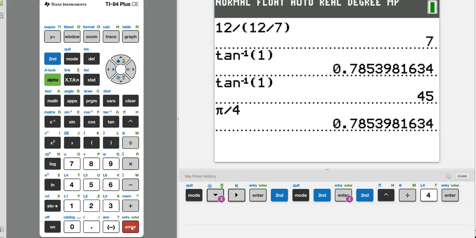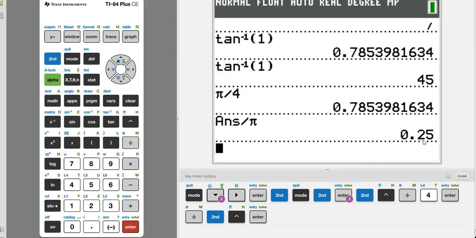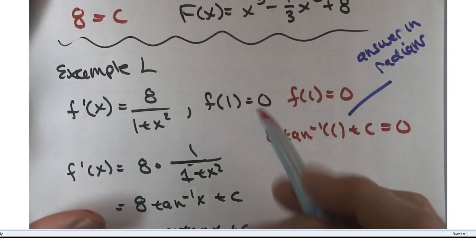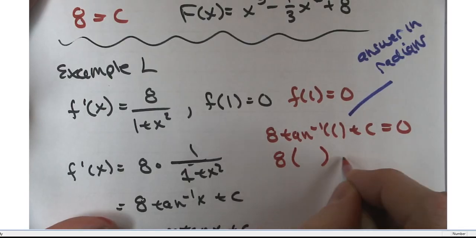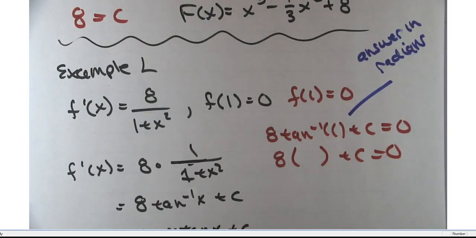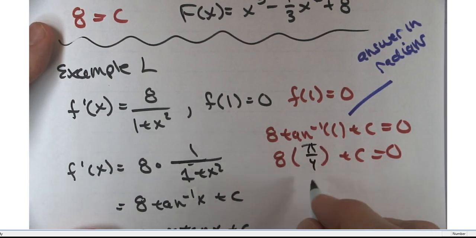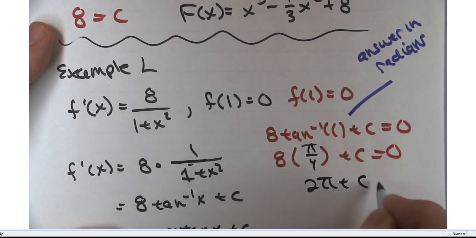Another thing you could do is take this answer and divide it by pi and see, oh yeah, 0.25, so that's 0.25 pi. But one way or another, you've got to realize that this is 8 times pi over 4 plus a constant equals 0. The 8 and the 4 cancel to give me 2 pi plus c equals 0, so c equals negative 2 pi.